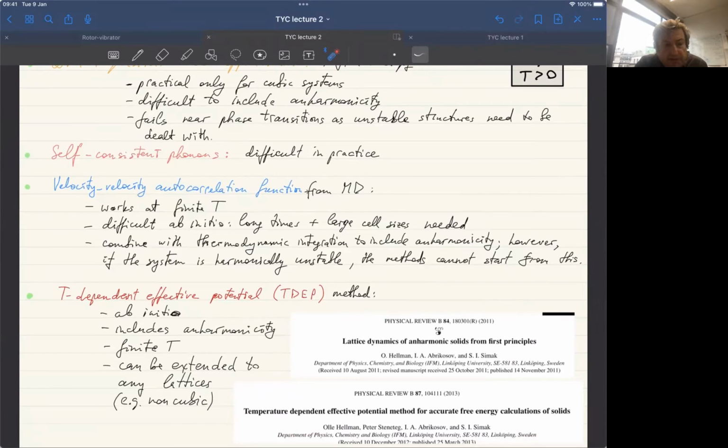It's called the temperature-dependent effective potential method. It is also based on molecular dynamics simulations, but it doesn't assume a particular crystal structure. So you obtain a crystal structure during the course of application of that method. It can work at different pressures, at different temperatures, includes anharmonicity, and basically, as I said, can be extended to any type of crystal lattice.